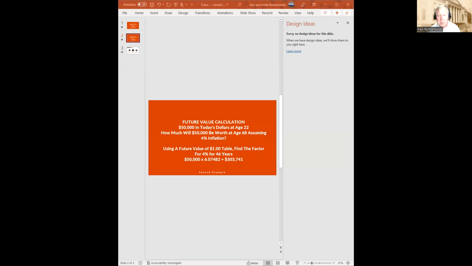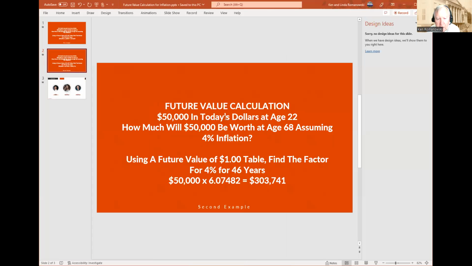Let's see how that is going to break out. I think you can see it right here. Let me expand that a little bit. On the lower part of your screen, using a future value of $1 table, we're finding the factor for 4% for 46 years, and that was the number I mentioned, 6.07482. We're going to multiply that factor by 50,000, which is the second goal that we're working on. This is the goal that takes you to age 68.